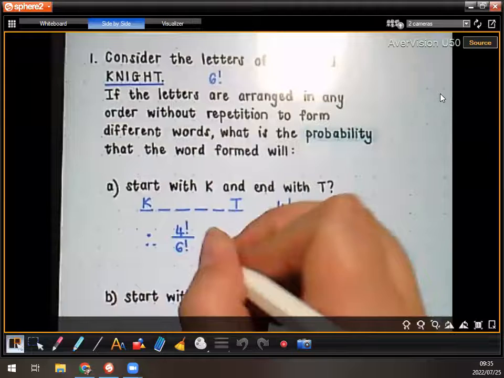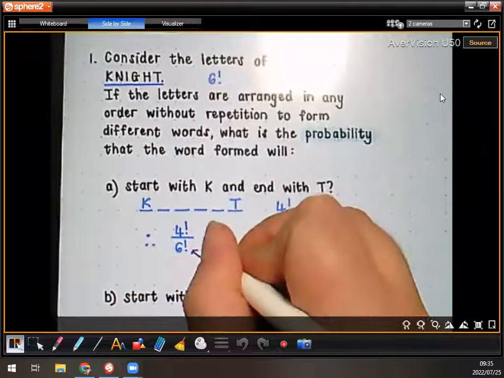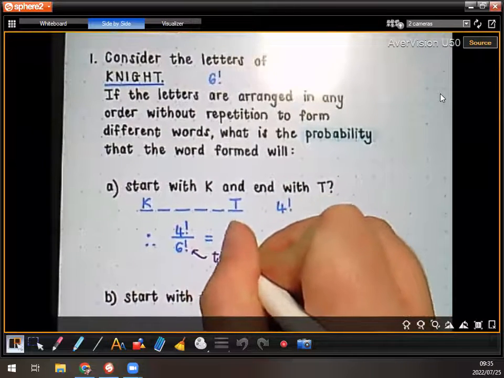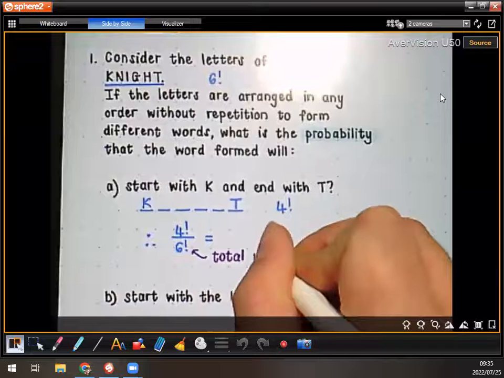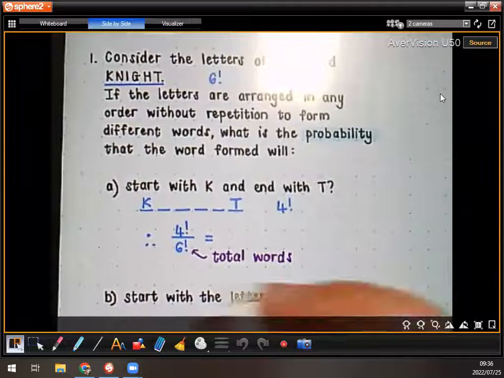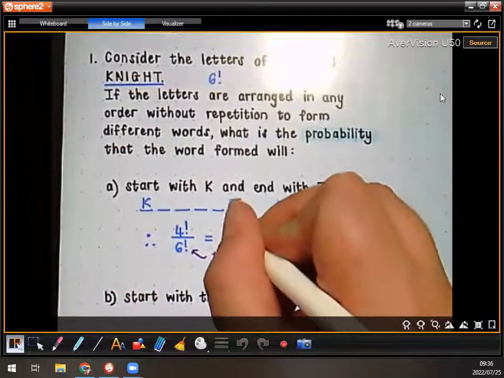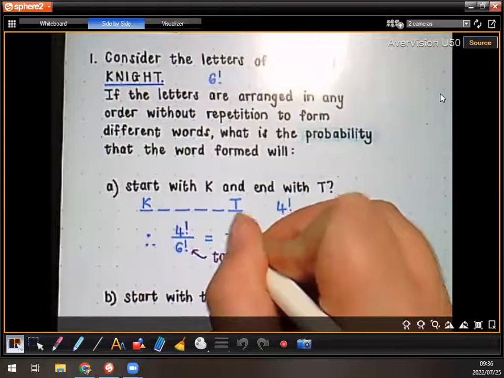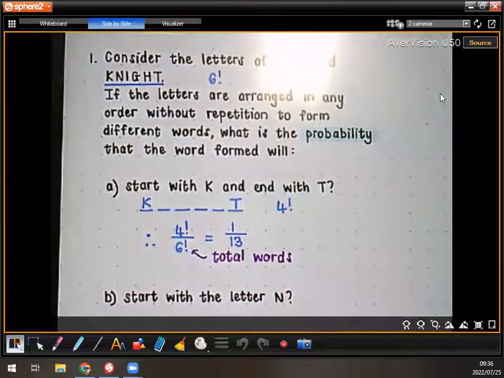I'm just going to write here: you take the number of words starting with K and ending with T over the total number of words, right, with no conditions put on it. What is that answer if you work it out? 1 over 30.